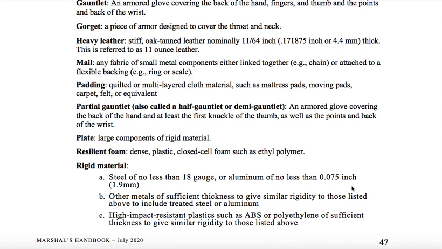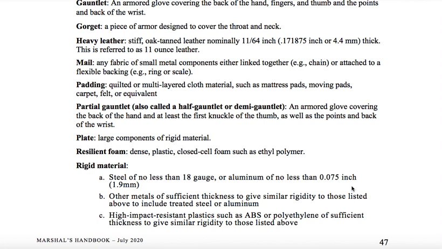This is referred to as 11-ounce leather. Mail. Any fabric of small metal components either linked together, for example, chain, or attached to a flexible backing, for example, ring or scale.